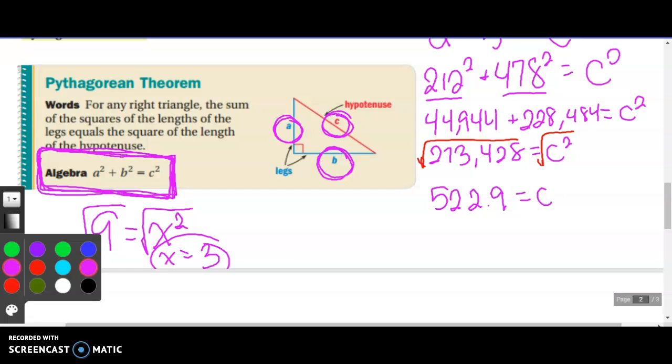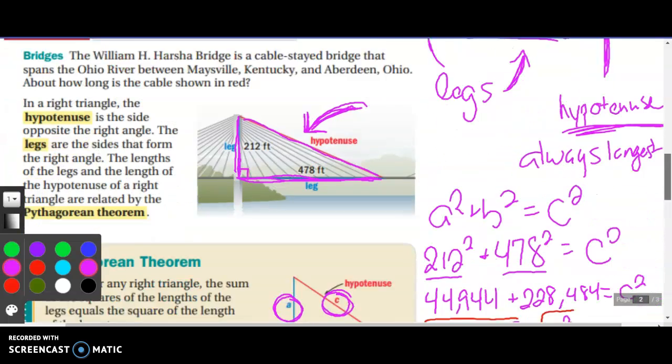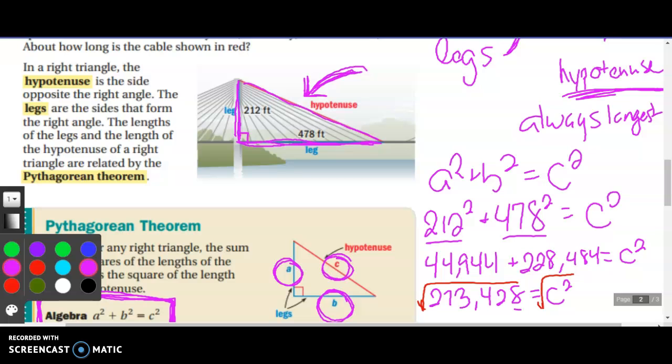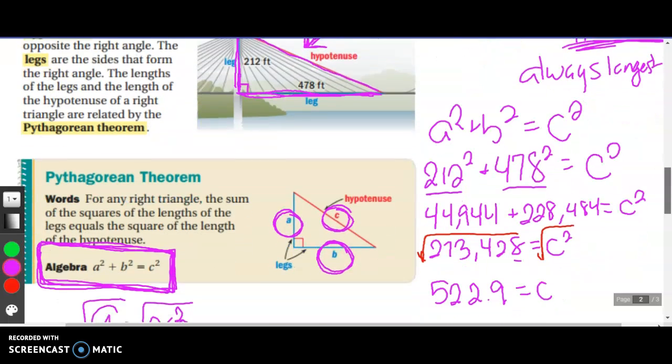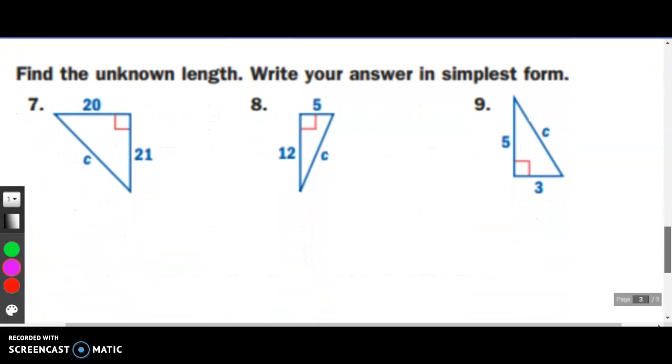Because if I do 522.9 and I square it, it's going to equal 273,428. So that means that this longest side is about 522.9 feet. So let's practice a little bit with some smaller numbers.